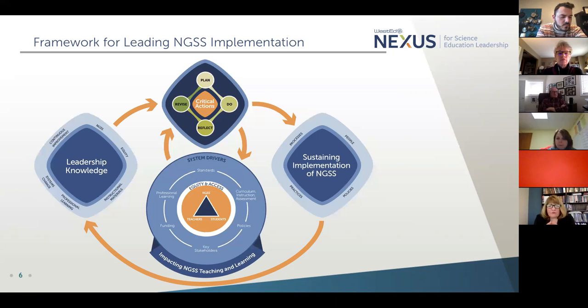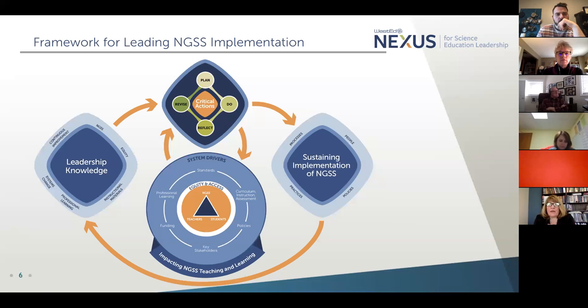And so the fourth domain, the systems drivers, suggests that there are a multitude of things that touch on the classroom, students, and teachers most closely. That is, adopting and implementing standards themselves, identifying strong standards-aligned curriculum and working on curriculum, instruction, and assessment that's aligned to those standards.